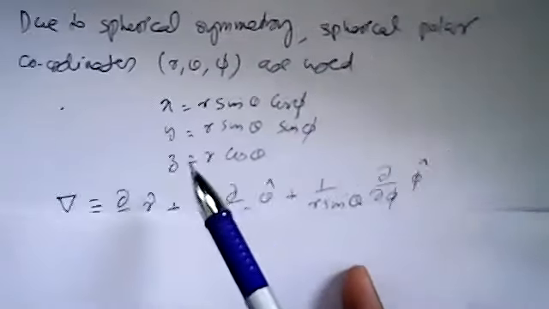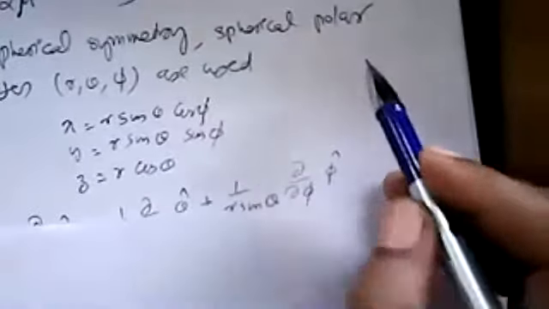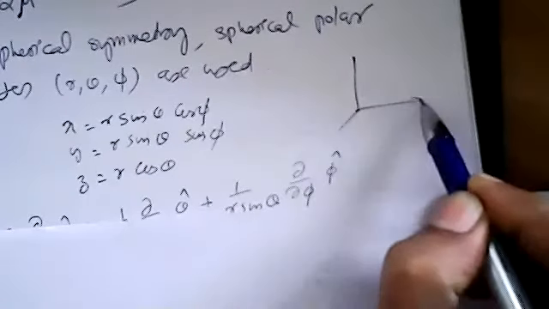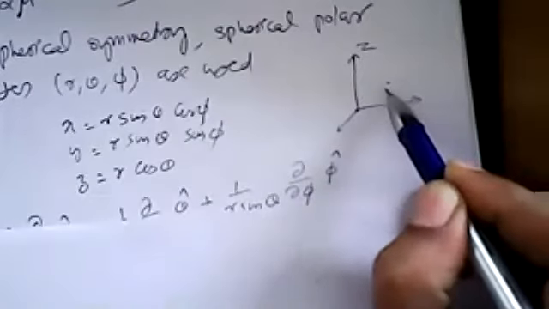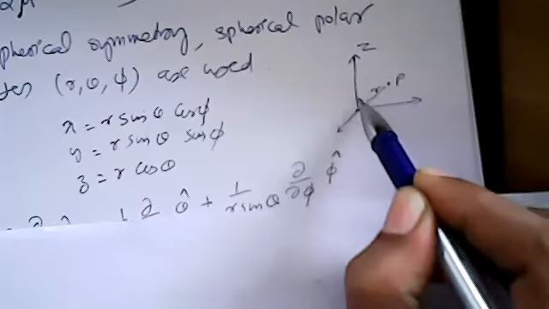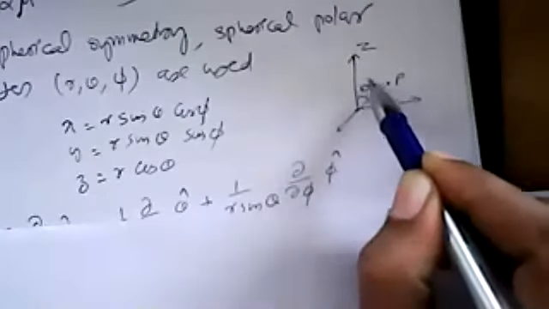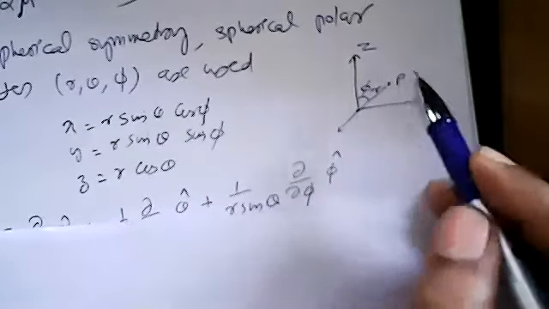x equal to r sin theta cos phi. I think you know the conversion between spherical polar coordinates and Cartesian coordinates. This is the z direction. Consider a point P. This is r and this is theta. The angle from the z direction is theta.